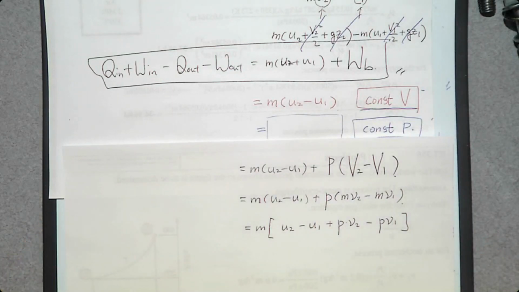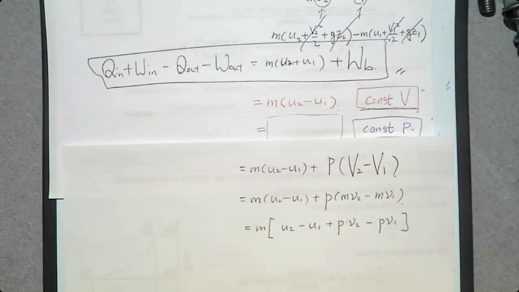But we are not very happy. What bothers you again? Pressures, right? We see U2, U1. This one is U at state number 1, this one is U at state number 2. This V1 is V at state number 1, and this one is V at state number 2. What is this P?